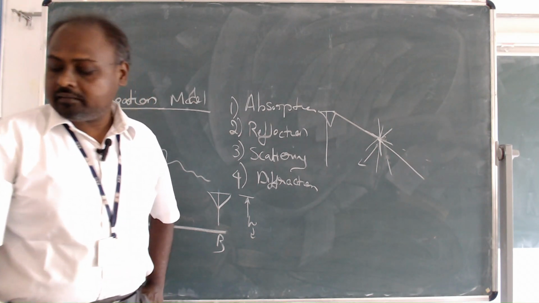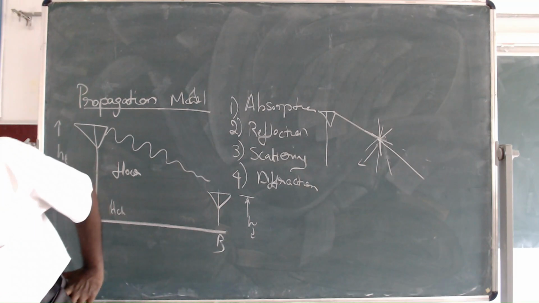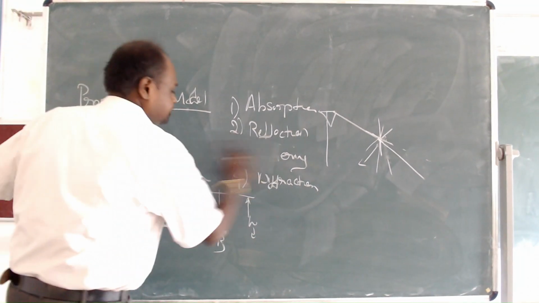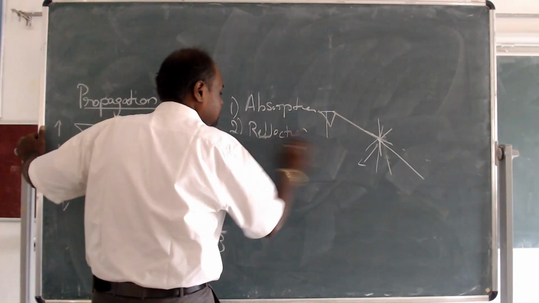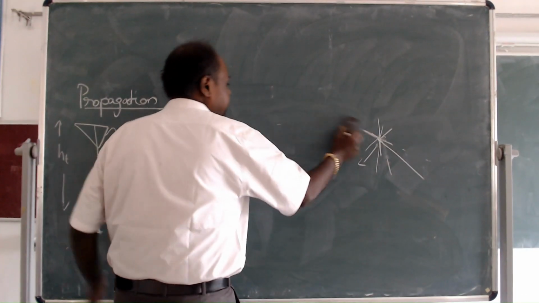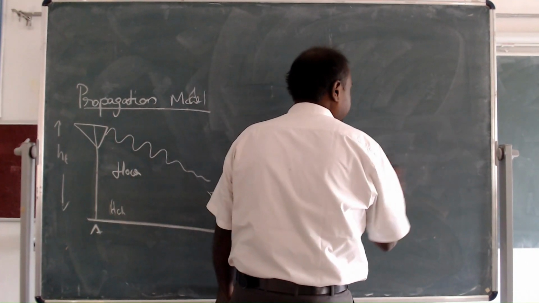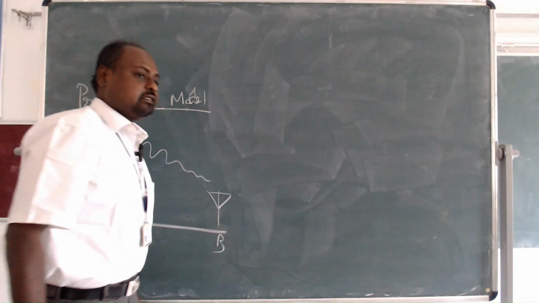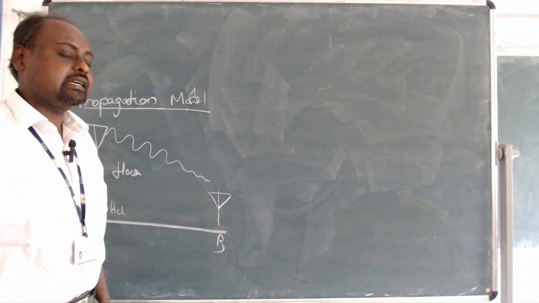The first model we are going to discuss is called the free space propagation loss model. The purpose of the study is the impact of these phenomena affecting the propagation: absorption, scattering, diffraction, reflection.